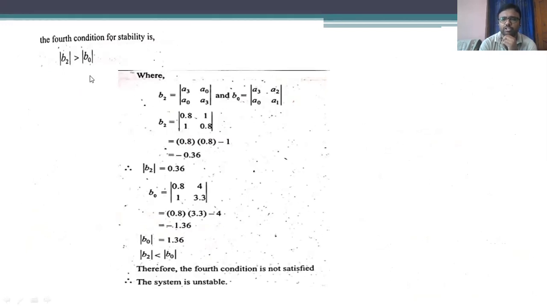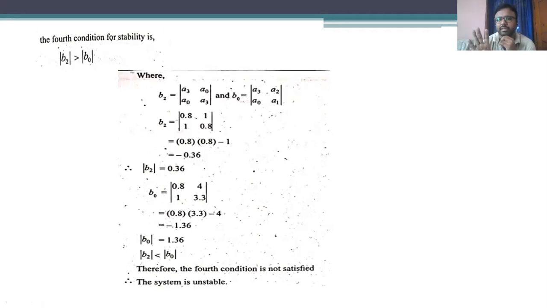So b2 is 0.36 and b0 is 1.36, but here b2 is less than b0. So the fourth condition is not satisfied.